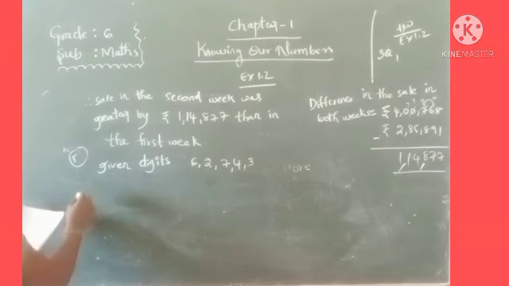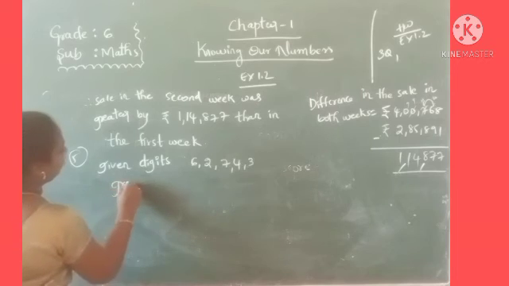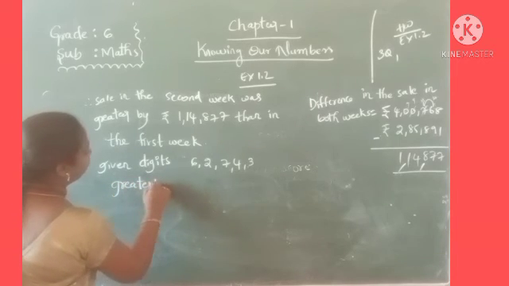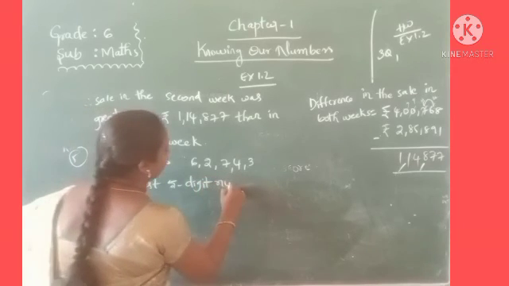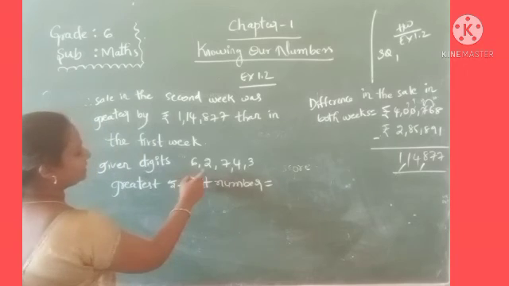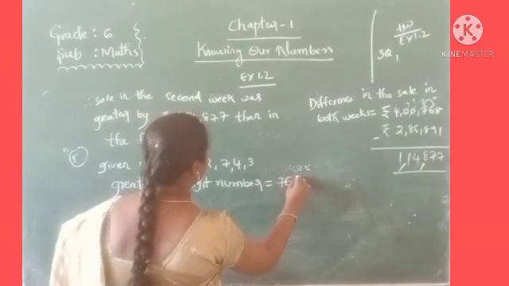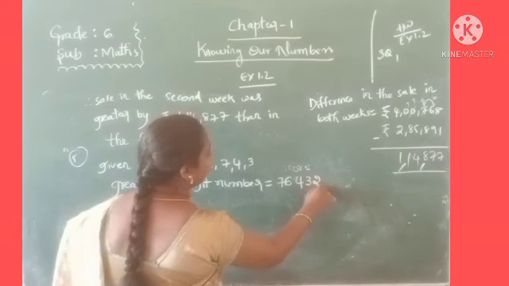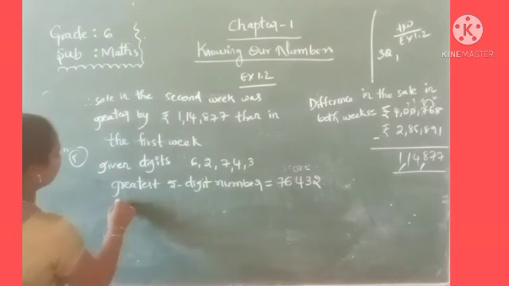Okay, so we have to form the greatest 5-digit number using 6, 2, 7, 4, 3. That is 7, 6, 4, 3, 2. 76,432.